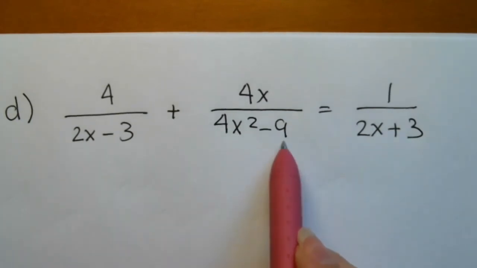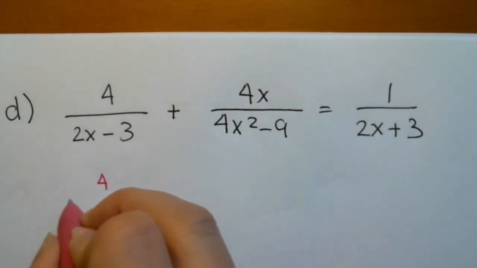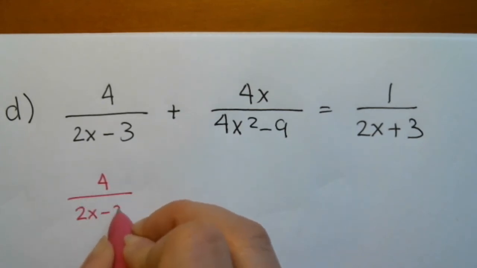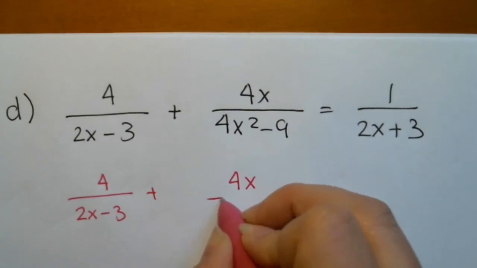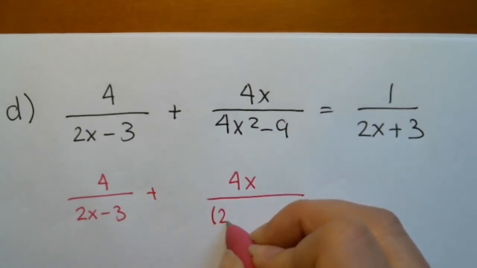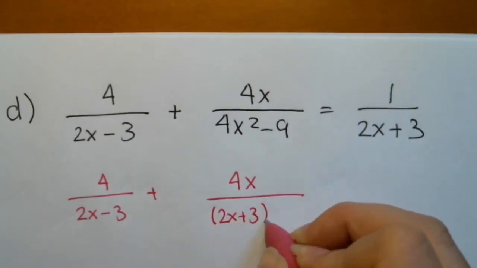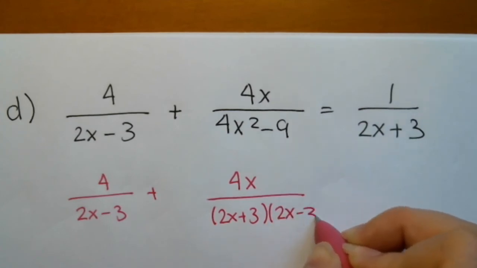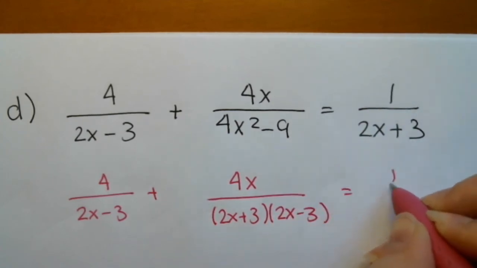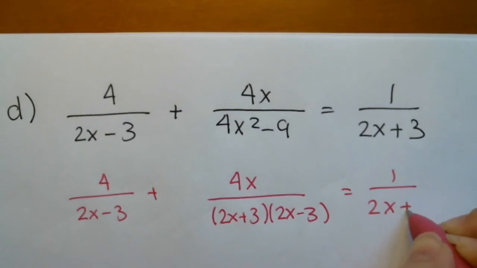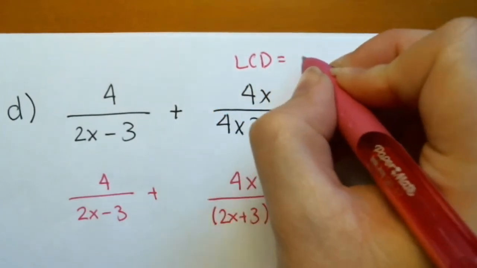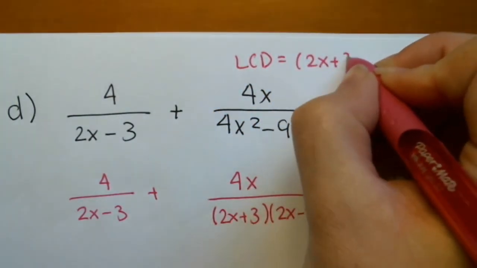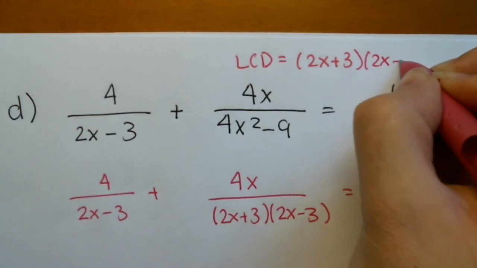I can see that this factors as the difference of squares. Okay, so looking at the 3 denominators, I can see that my LCD is the product of the factors, or 2x plus 3 times 2x minus 3.